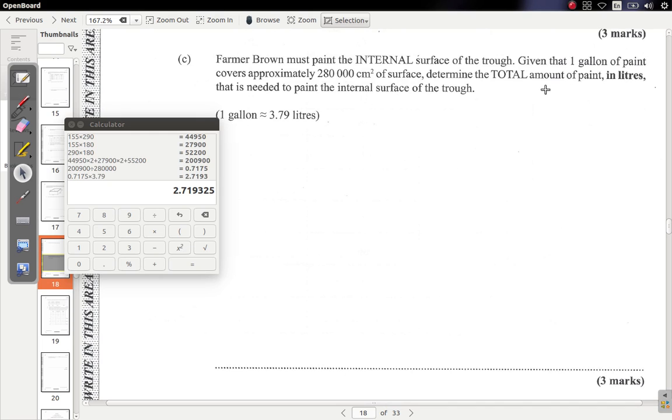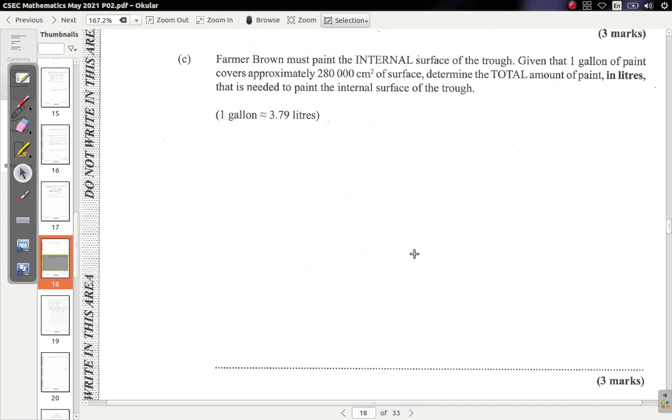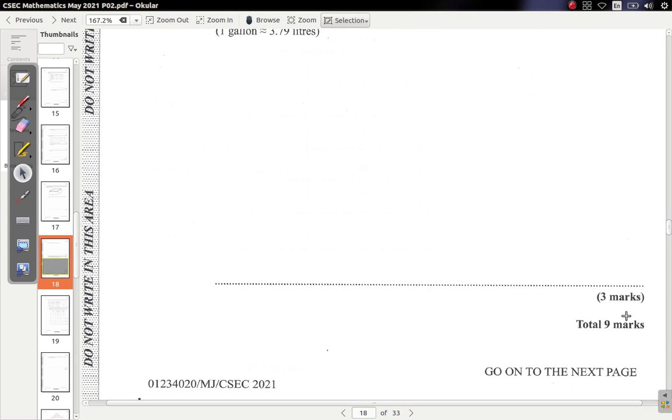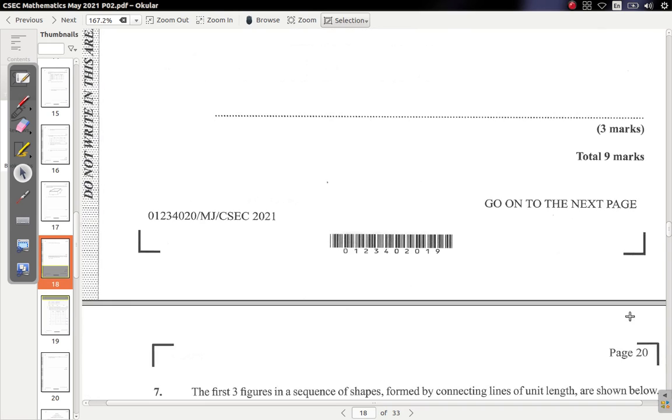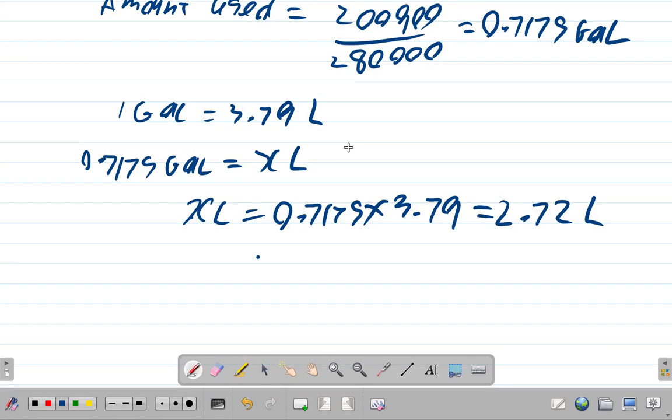So the total amount of paint in liters needed to paint the internal surface is 2.72. Alright, looks like question 6 is done. So 2.72 liters of paint.